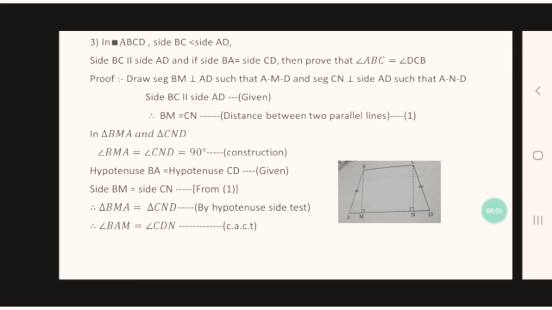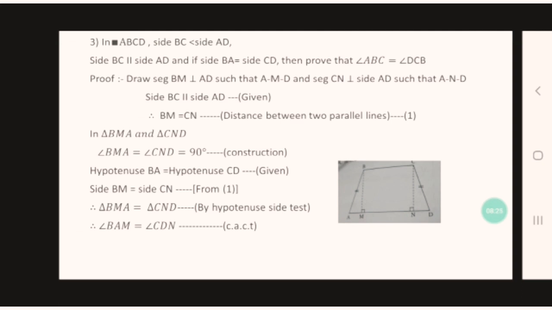So here we have to again draw the perpendiculars. Perpendiculars are equidistant, so BM will be equal to CN, right? We have two triangles over here, so two triangles are equal. After two angles are equal, 90 degree, same line we have to go. So two triangles will be equal by which test? By hypotenuse side test.